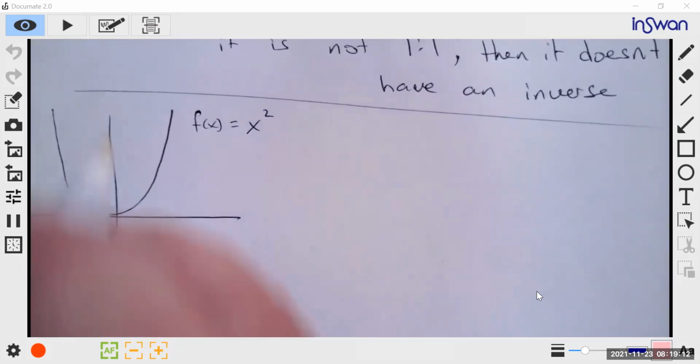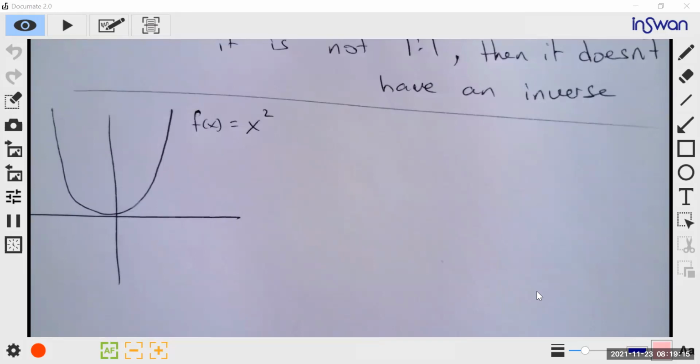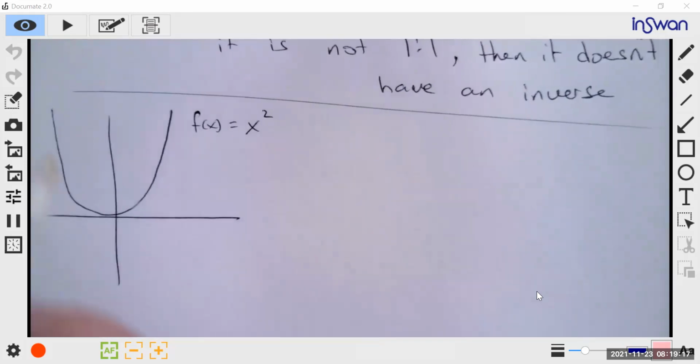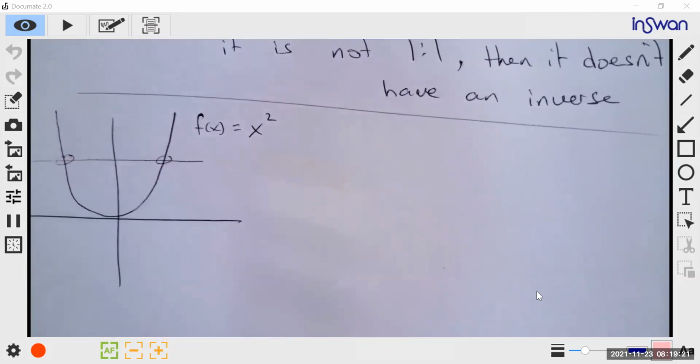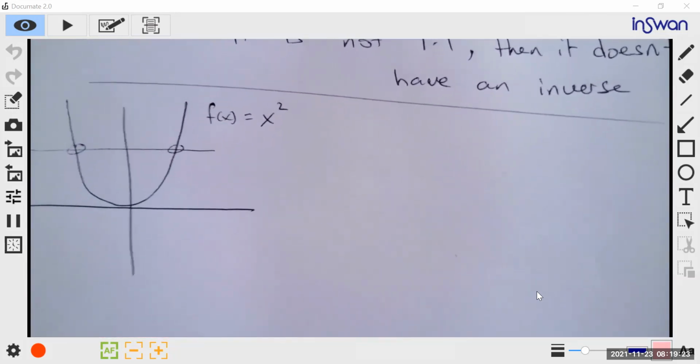It is a function because it passes the vertical line test, but it's not one-to-one because the horizontal line test crosses the graph twice. That means the inverse function doesn't exist.